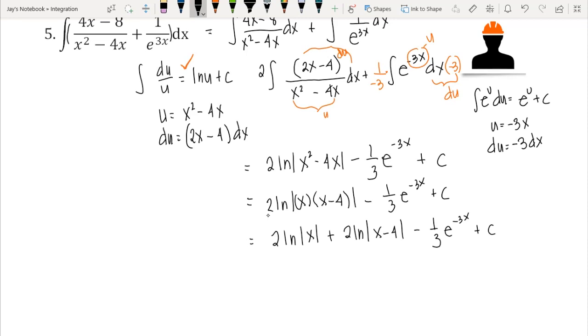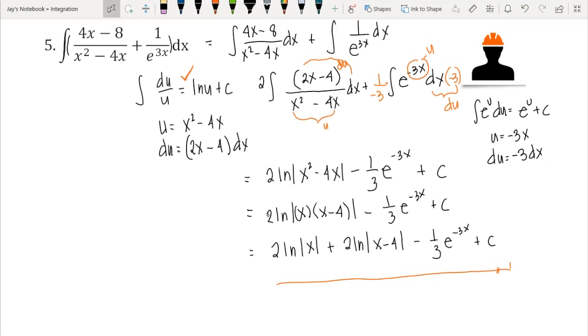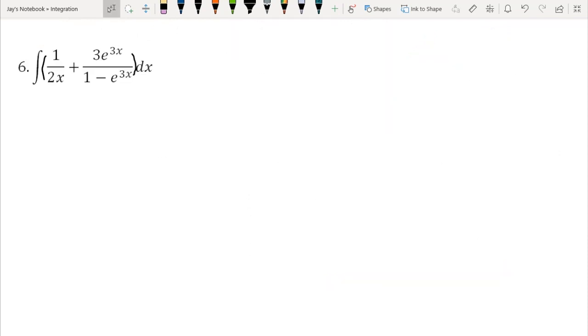So this is now the integration of 4x minus 8 over x squared minus 4x plus 1 over e^3x dx. Okay, we have example number 6. We have the integration of 1 over 2x plus 3e raised to 3x over 1 minus e^3x dx. So in that case, we have two terms.